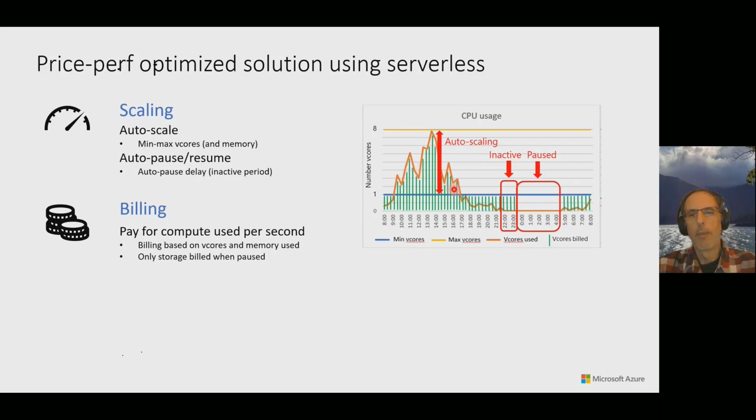Later, over this 24-hour period, when usage drops below 1 core, that 1 core continues to be billed until the database is idle for this 1 hour period based on the auto pause delay that was configured by the customer. And after that time elapses, the database is automatically paused. And because we terminate the underlying compute for paused databases, we pass those cost savings back along to the customer, at which point only storage is billed.